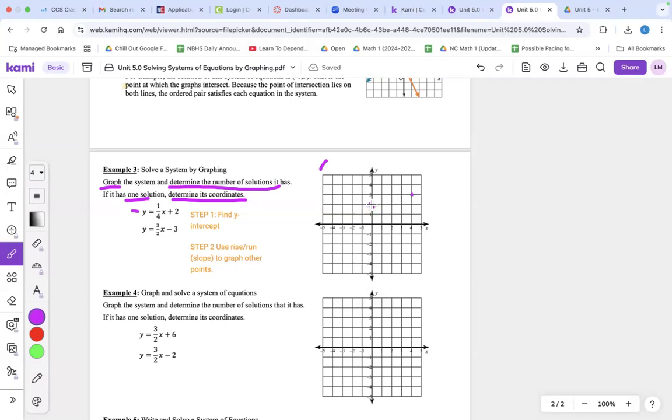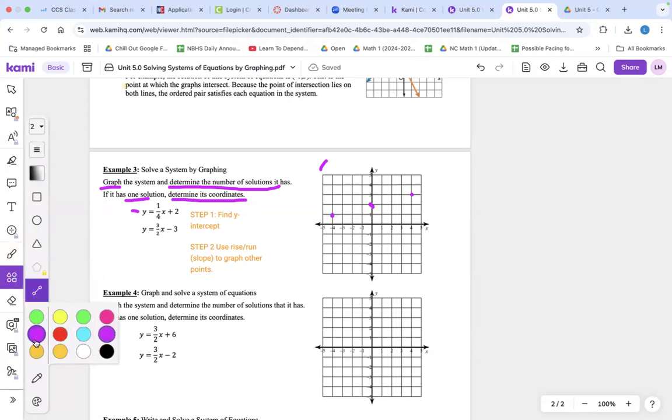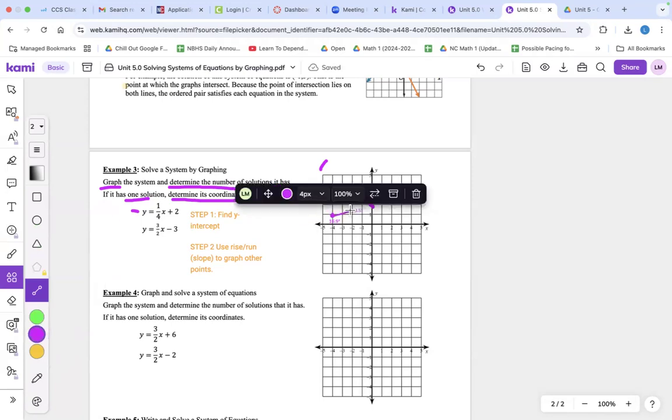Over here, do the opposite, except we're going down 1 over 4. 1, 2, 3, 4. Good. Draw your line through it. Point your arrows. And label it.